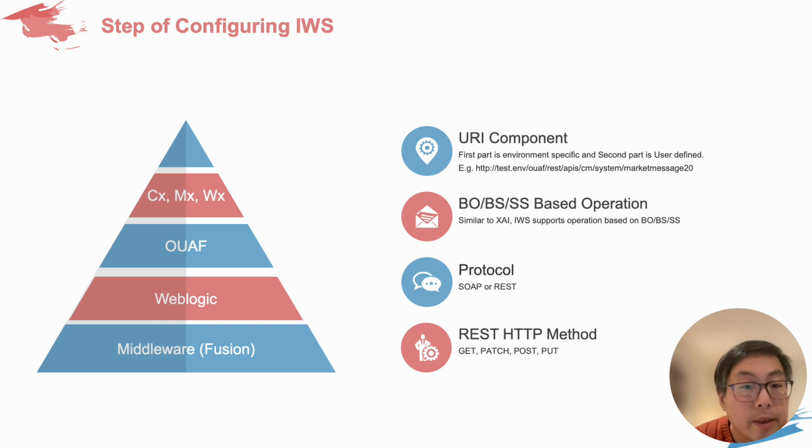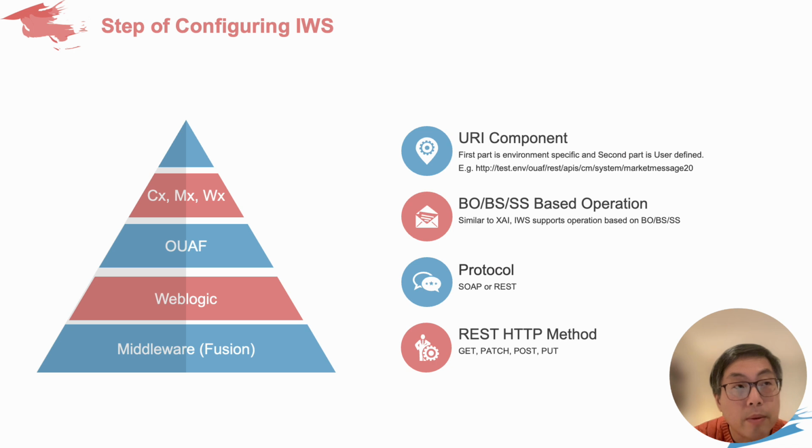In the system, you can actually define what the URI is. In this case, I've written market message 20 as the URI, which is the user-defined part. Now, the first part, the HTTP part, is actually system-generated. It's all based on how you set up the server, and also the WebLogic domain.